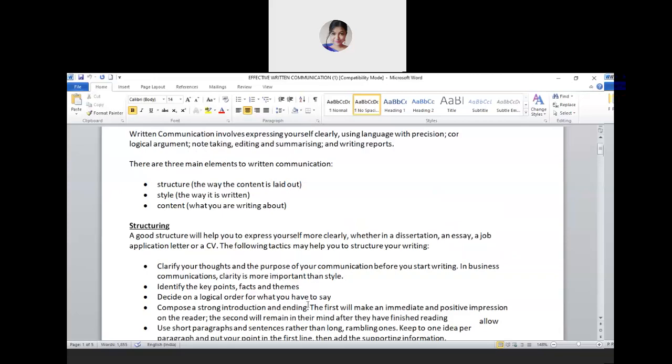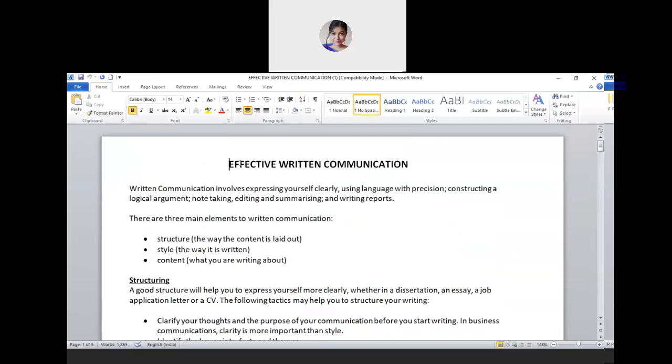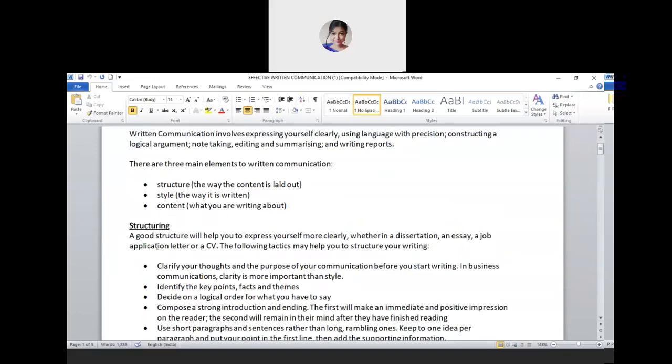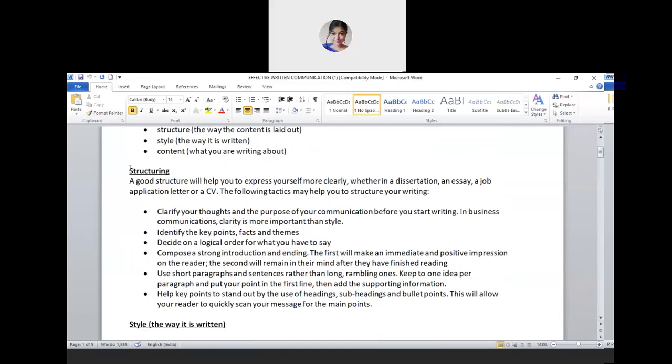As you can see here, this is the name of the chapter. Now I am talking about the elements: structure, style, and content. This is the heading, and it has been underlined and made bold.